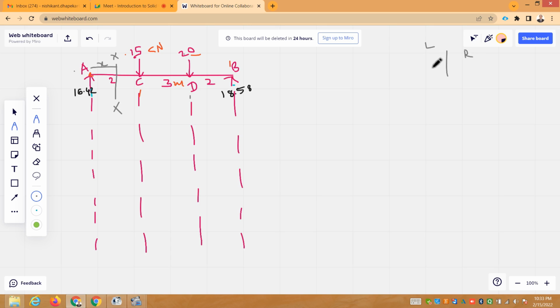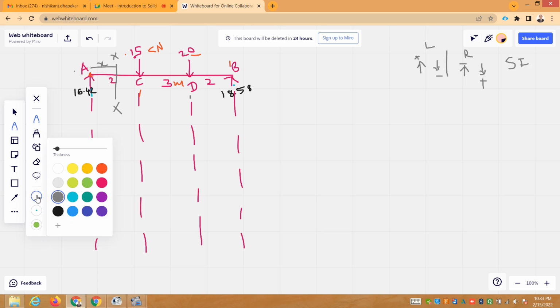Shear force to the left side of the section, upward is positive and downward is negative. To the right side we have vice versa, upward shear force negative and downward positive. So this is the sign convention for shear force.